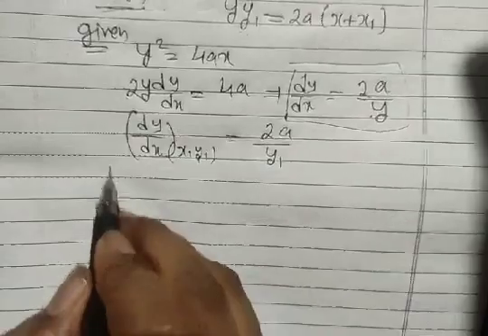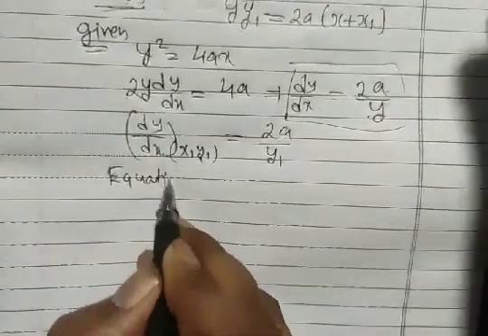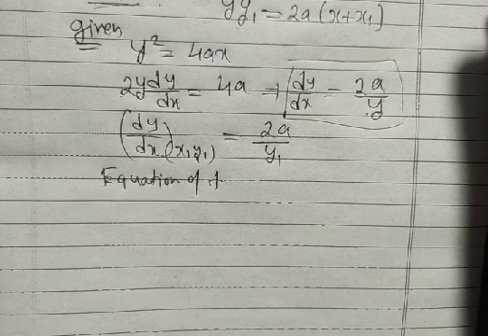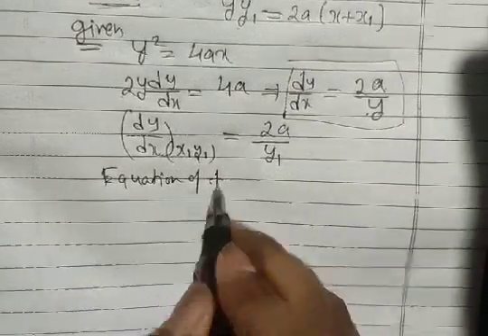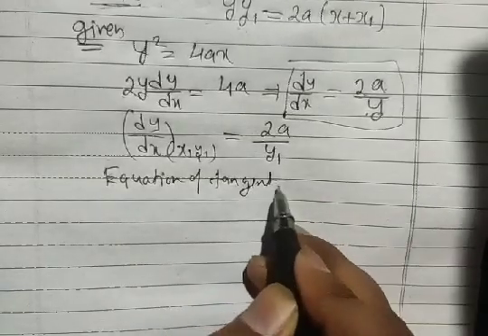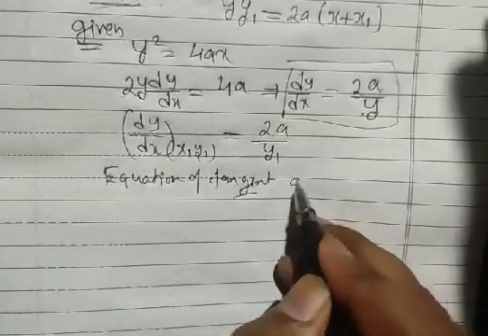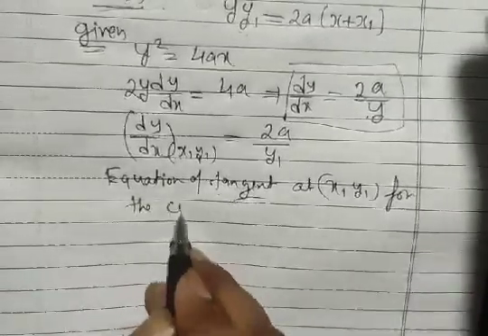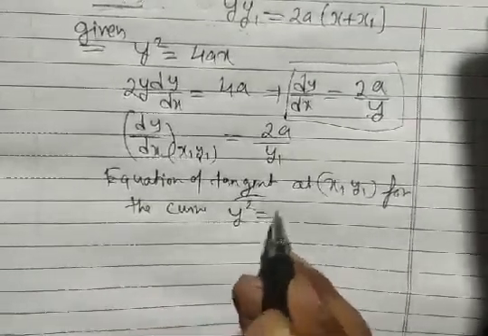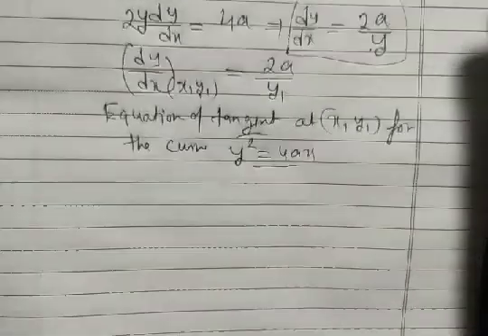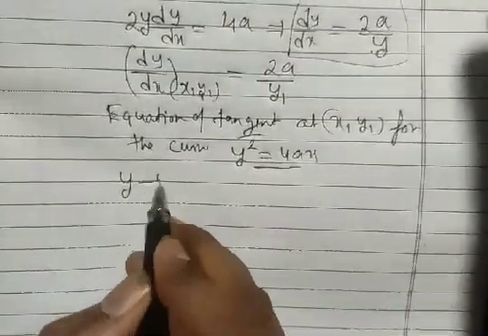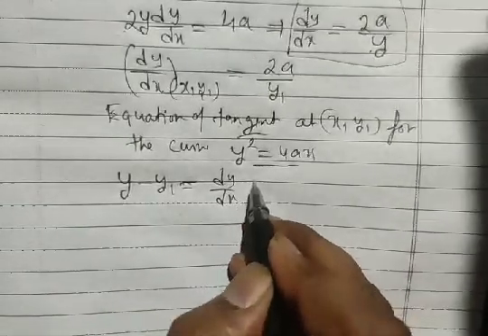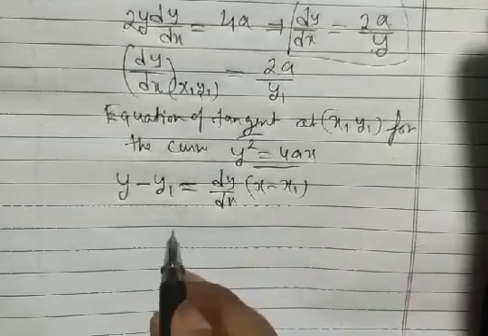Now what is the equation of tangent? We are going to get the equation of tangent at x1, y1 for the curve y square equal to 4ax. The formula is y minus y1 equal to dy/dx at x1, y1 times x minus x1.